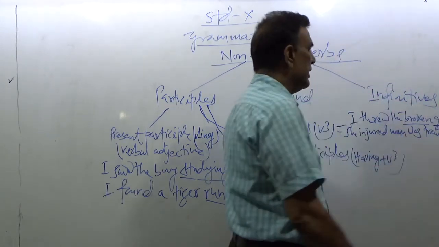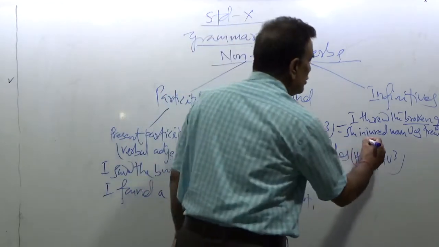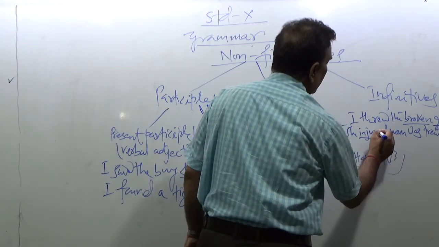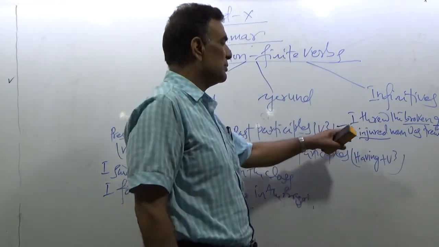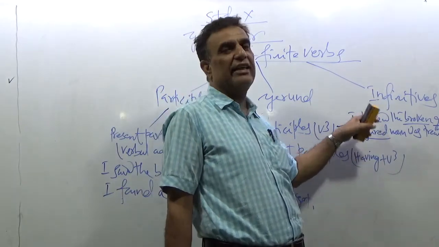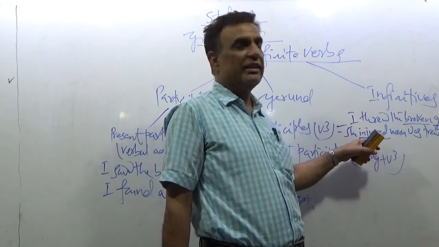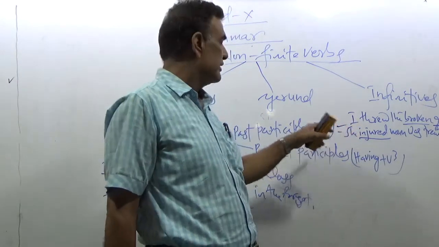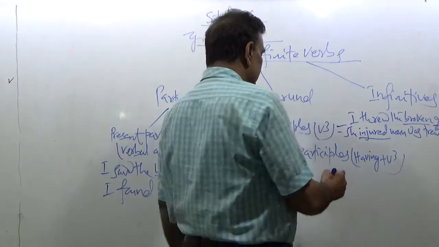The injured man was treated. The injured man. Here you see this past participle verb is functioning as an adjective. That is why it is called a verbal adjective. This is the past participle.